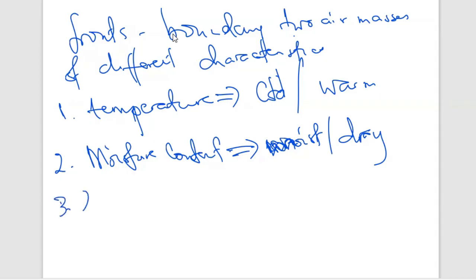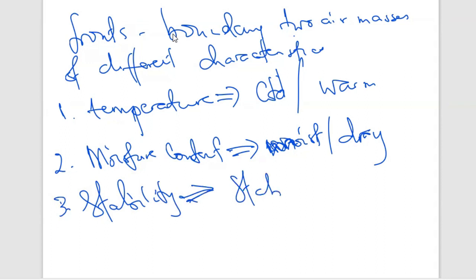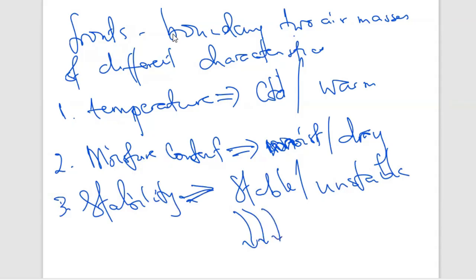And also we can talk of, in terms of stability, an air mass can be stable, while another one is unstable. When we're talking of stability, we are saying if an air mass has got stable conditions, it has a tendency of sinking. An air mass which has got a tendency of sinking creates stable conditions.